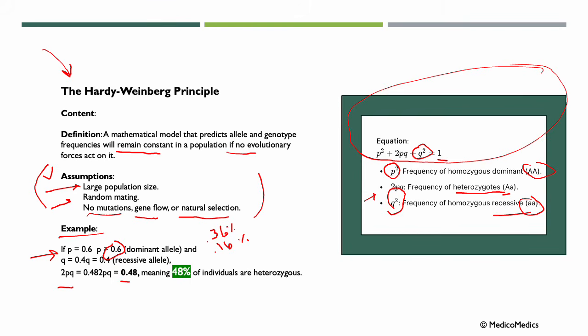That will give us 0.48, meaning 48% of individuals are heterozygous. And this principle helps scientists study whether a population is evolving by comparing real-world genetic data to expected frequencies under equilibrium.